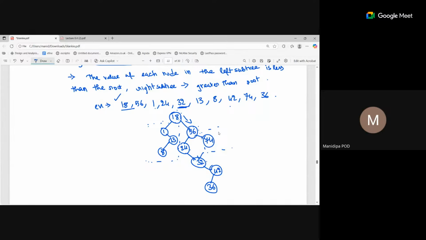Here, in a tree, how do you say we sort elements? Because this is not linear, right? All the elements are at different levels of the tree. So how do you say that we maintain that it is sorted? How can you sort a tree?